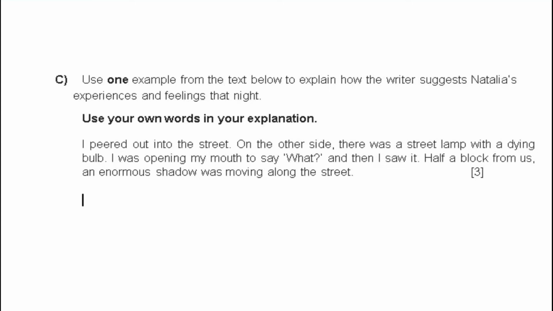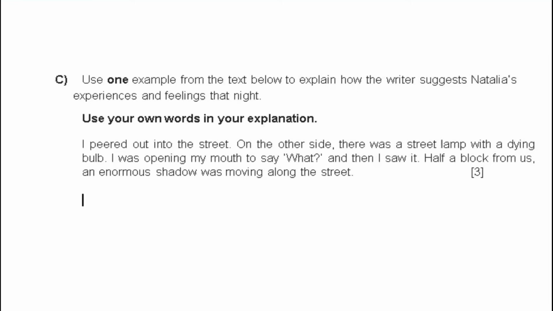However, I am going to choose the image of the enormous shadow, and those who have read the insert, I'm sure most of you have done this paper because it is the only paper that is readily available, should know that the enormous shadow later turns out to be an elephant, another bizarre text which iGCSE Cambridge have selected.